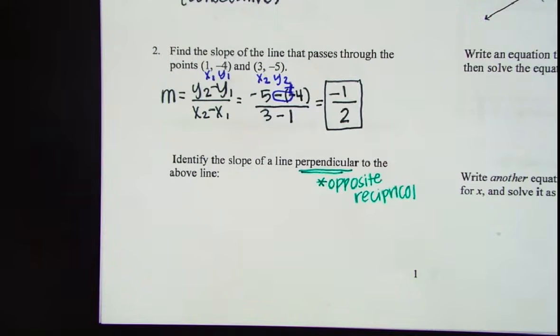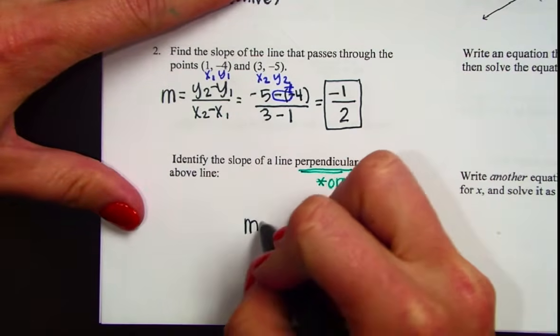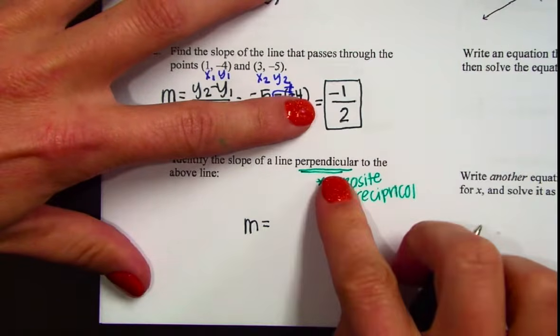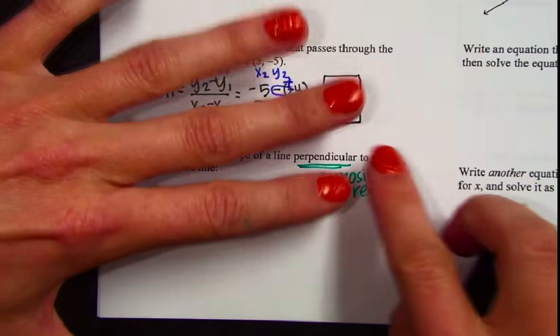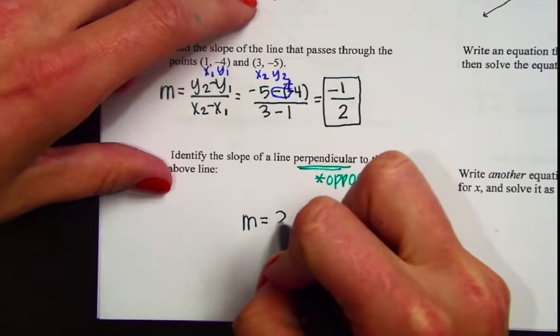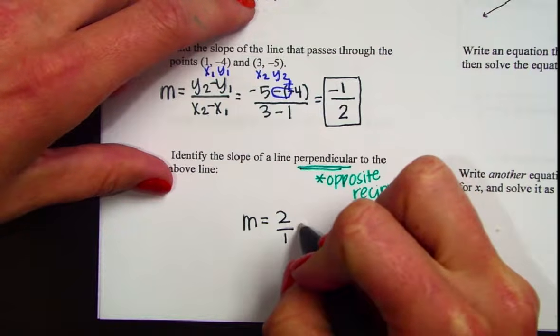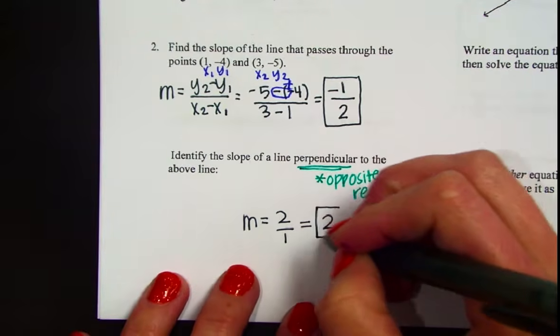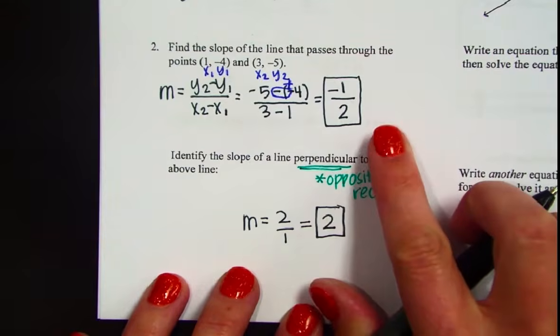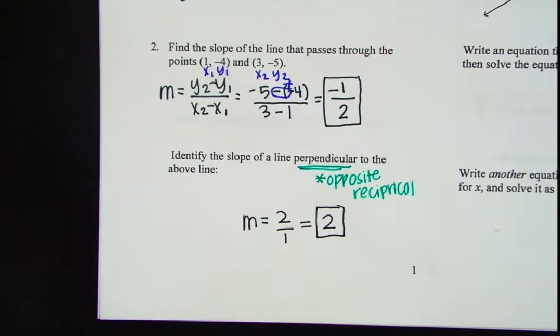So my new slope, again, change the sign for opposite, it's going to be positive, and the reciprocal of 1/2, if you flip the fraction, becomes 2/1, which is the same thing as just saying my slope is 2 for perpendicular to this slope up here.